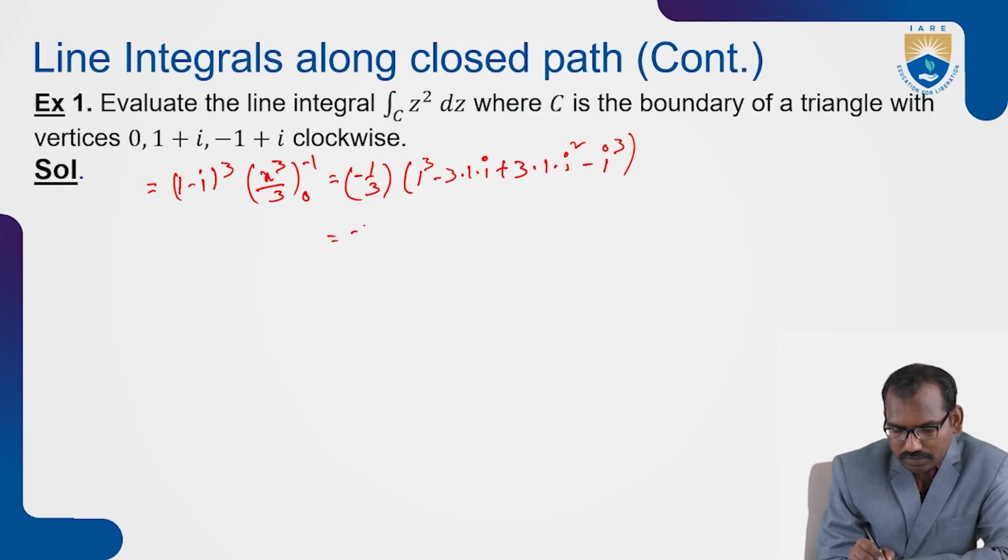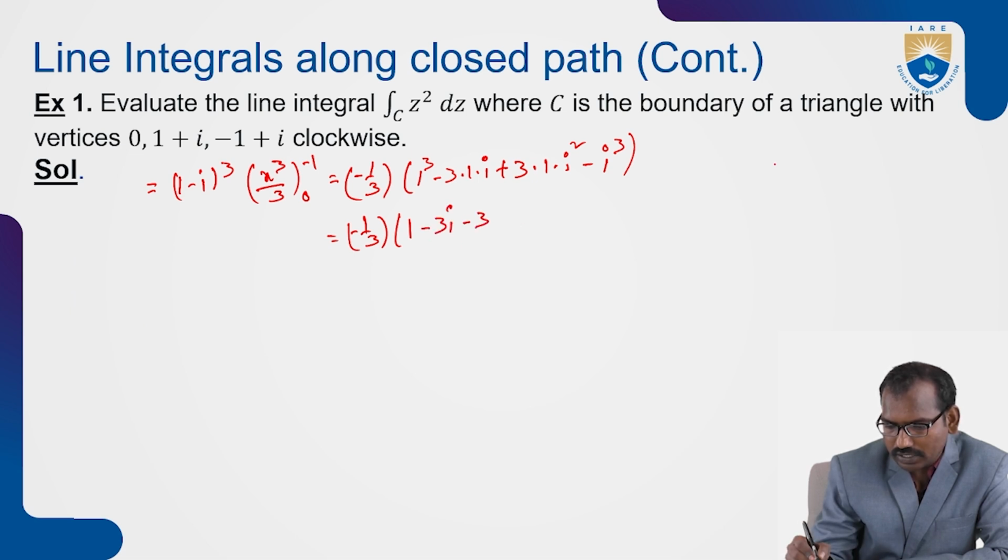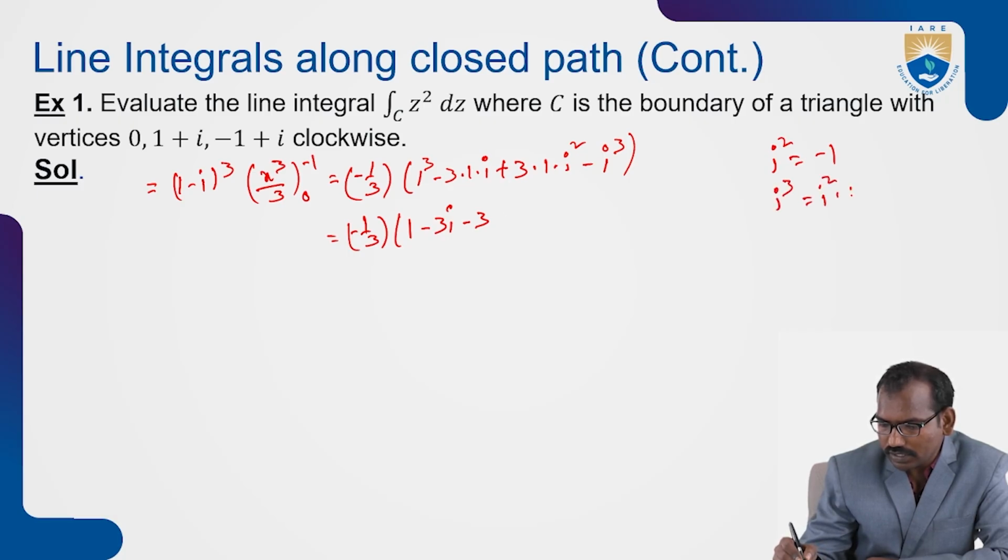Here you will have minus 1 upon 3 and 1 minus 3i, next minus 3, because i square is minus 1, next minus i cube. i cube is i square times i, i square is minus 1 into i, so this becomes minus i.